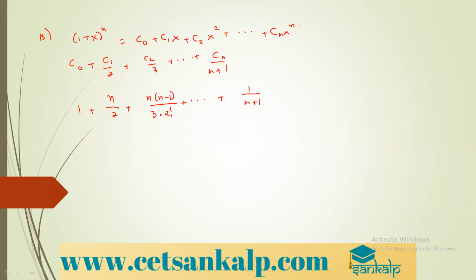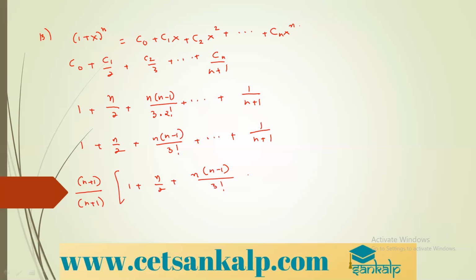Now this I can modify and write 1 plus n by 2 plus n into n minus 1 by 3 factorial and so on, 1 by n plus 1. Now what I will do is I will multiply n plus 1 and I will divide n plus 1 to this expansion. Why am I doing this?